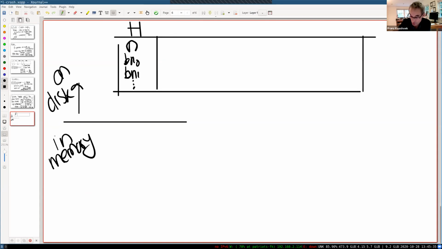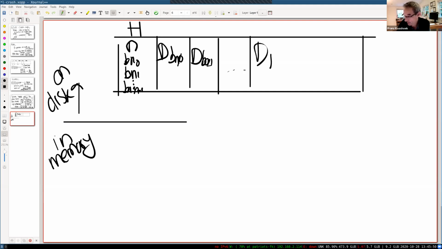So there are going to be n of those. Then in the log itself is the data that belongs to that: here's the data of bn0, here's the data of bn1, etc., to bn-1. That's what's in the log, and actually that's the only thing in the log. There's nothing more to it.